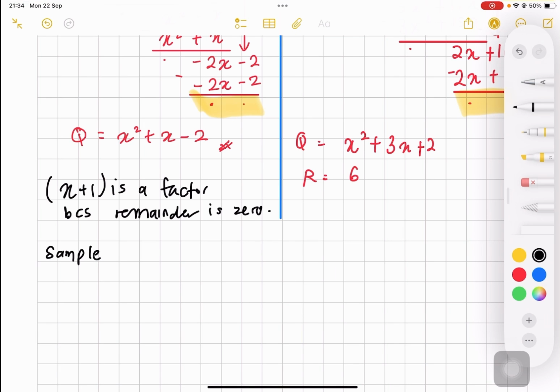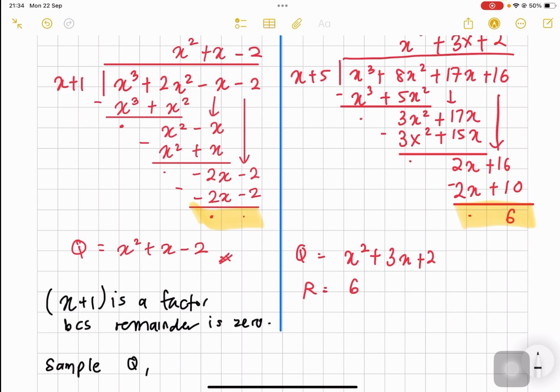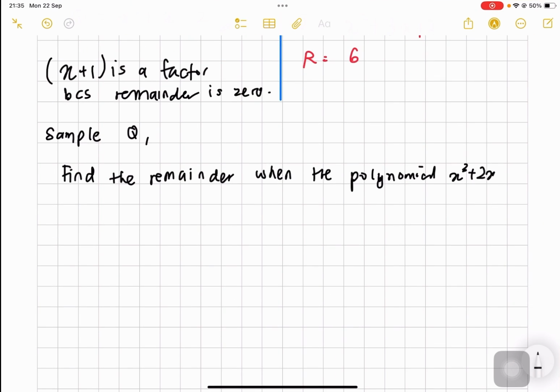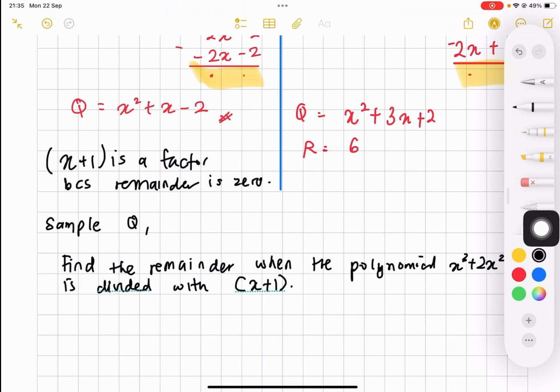Find the remainder when the polynomial x cubed plus 2x squared minus x minus 2 is divided by x plus 1. We can prove it by doing the remainder theorem.